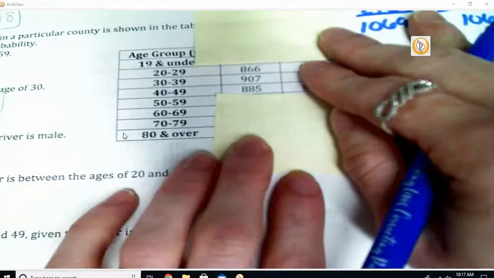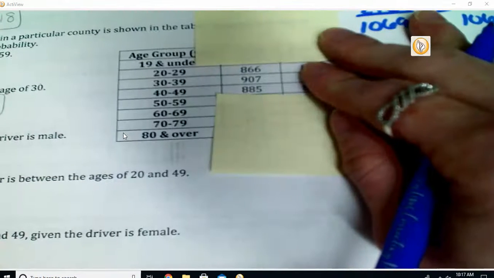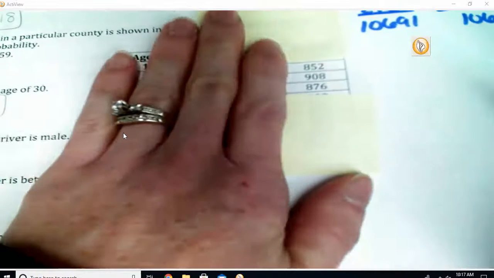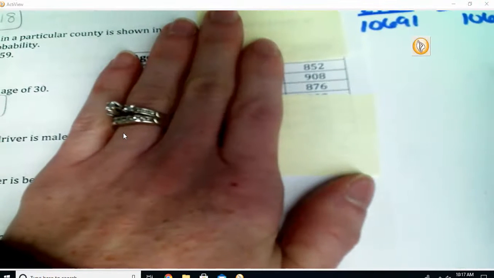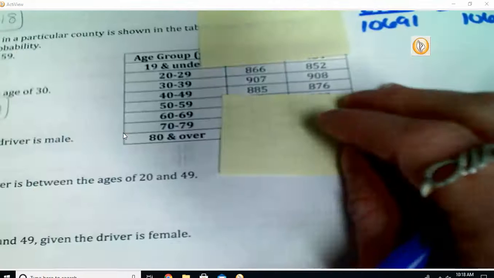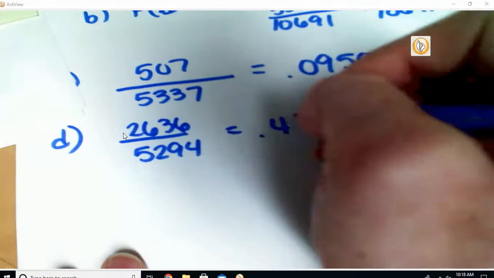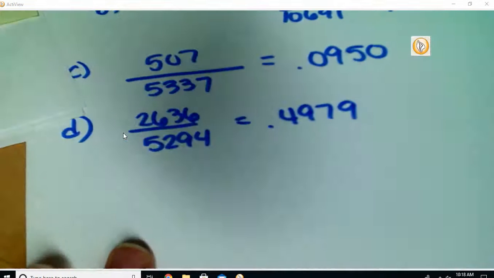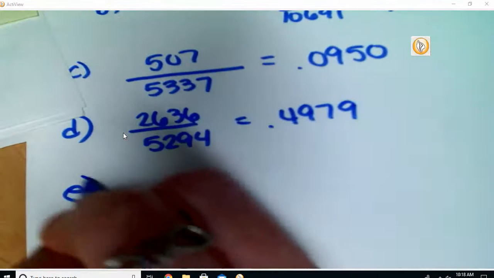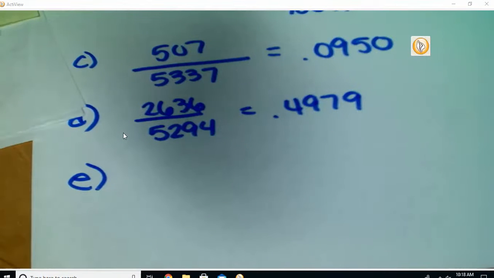From that group, I want the driver is female. So now add up all the females out of those 6 numbers that I was looking at. We get 0.4979. So when you have a conditional, you start with the given in your denominator.